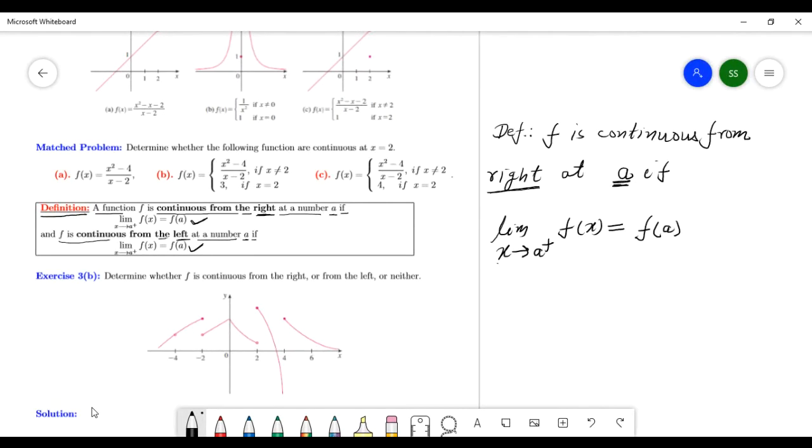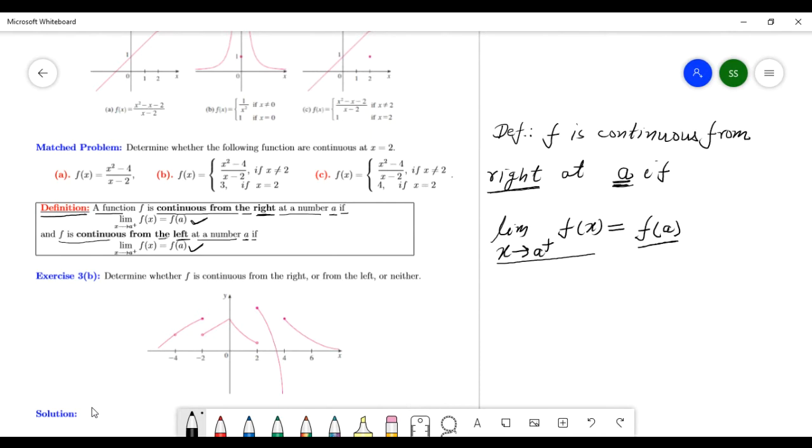If this right limit at number a equals the value of the function at a, if this condition holds, then you say function f is continuous from right at this number a. Okay.